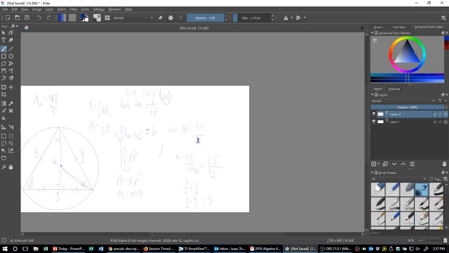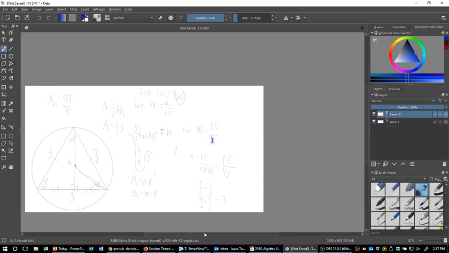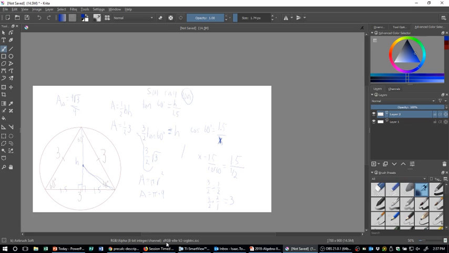Alright, and I'm not really sure where they're getting that piece here. Looks to me like the area of the circle should be 9 pi. So I must have some kind of mistake here. So let me look at this for just a moment before I give up.